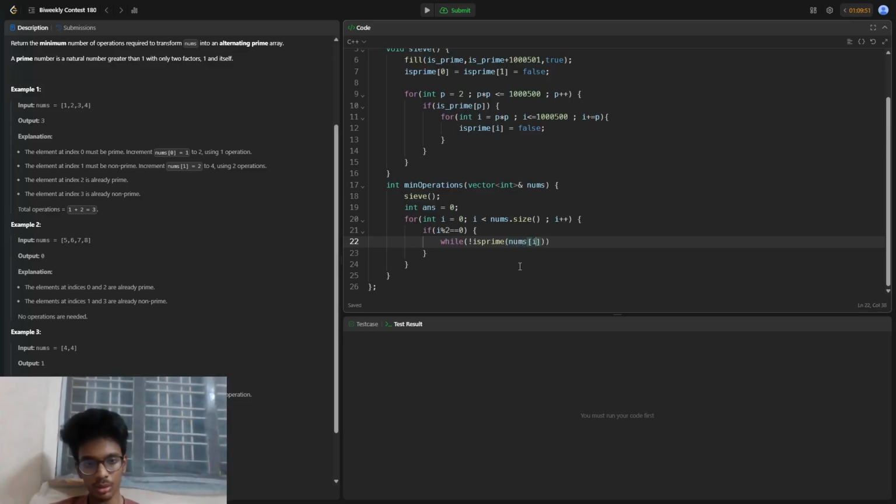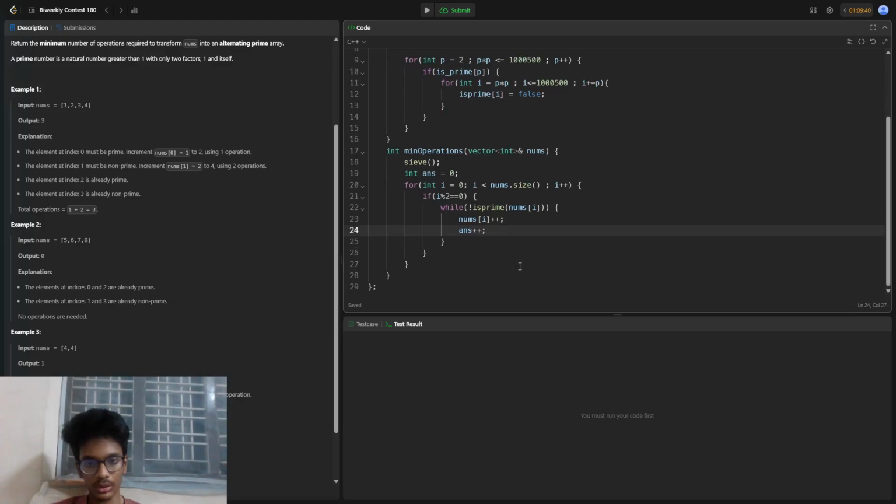While nums of I is not a prime, keep increasing nums of I plus plus, and the number of operations also would increase.